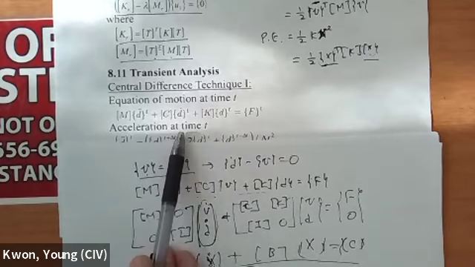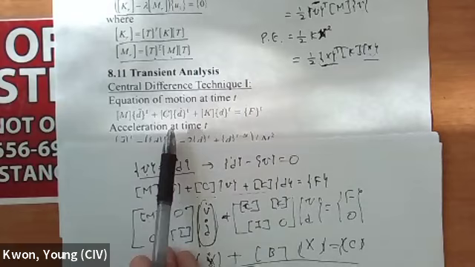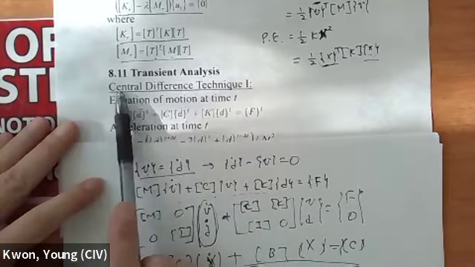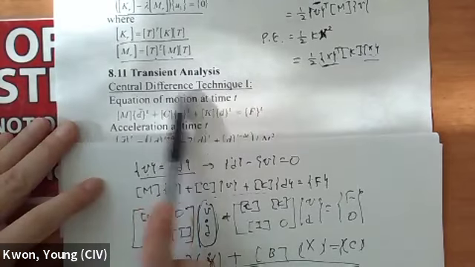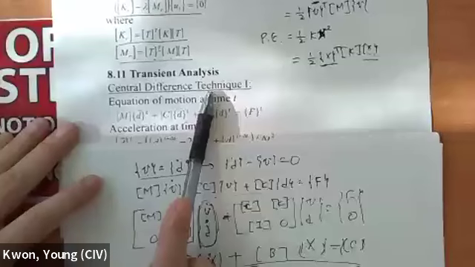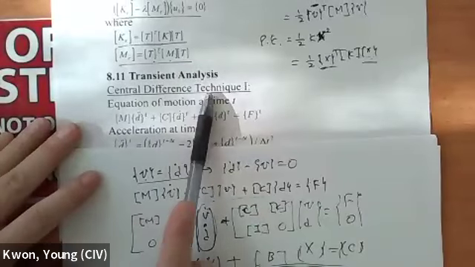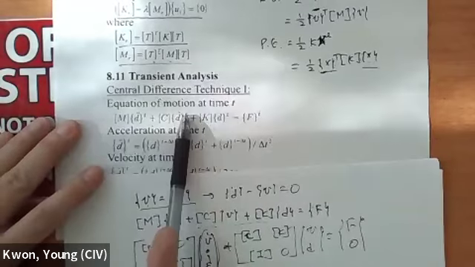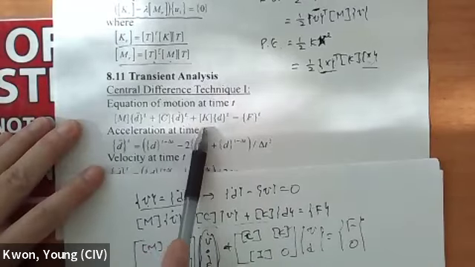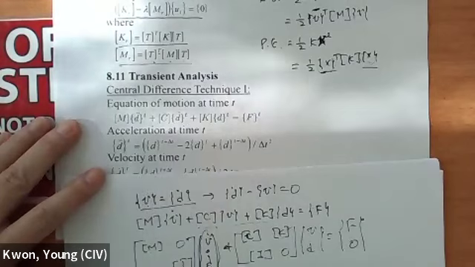So what technique do they have? There are a couple of representative techniques, and one of them is so-called, again, central difference technique. Central difference is one of the most popular techniques in here. So we are going to do central difference in time in here.